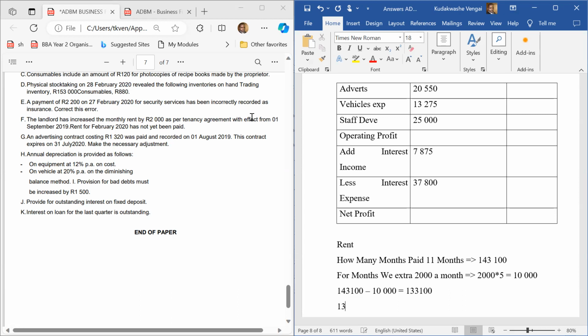And this 133,100, you can divide by 11 months. Did I miss anything there? Monthly 2,000. Okay, everything still seems correct. 133,100 divided by 11 gives me 12,100 as the monthly rental before the increase.